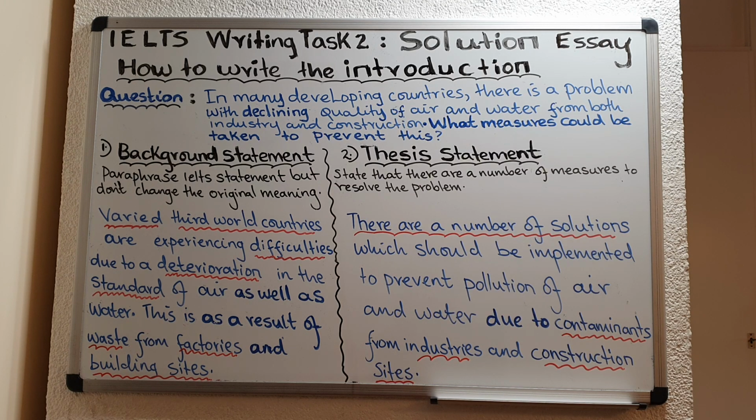Then we move on to the next word, and that is declining. With declining, I replace that with due to a deterioration. Declining and deterioration mean the same. Deteriorating, it is declining. It is getting worse.